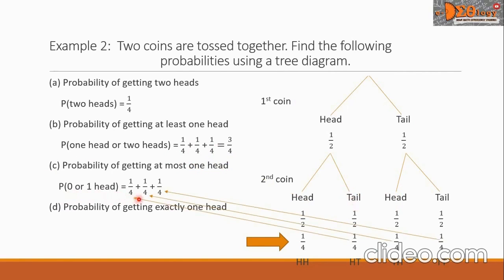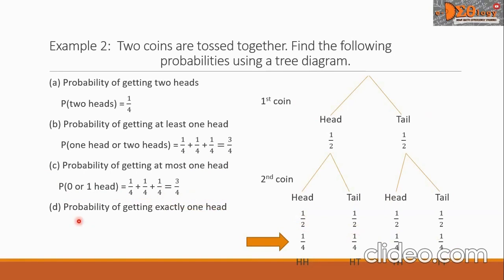Another 1/4 comes when we have tail in the first coin and head in the second coin, plus 1/4, and this comes from tail in the first coin and tail in the second coin. So we have the answer as 3/4.